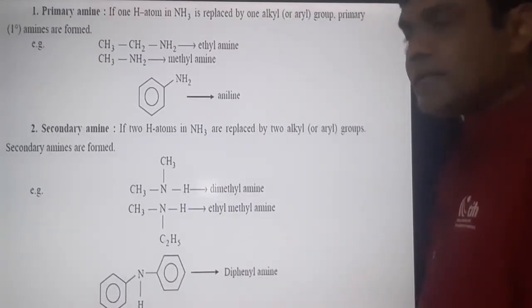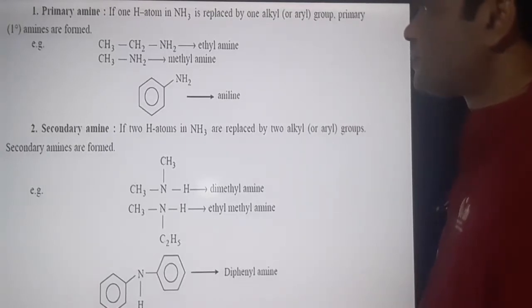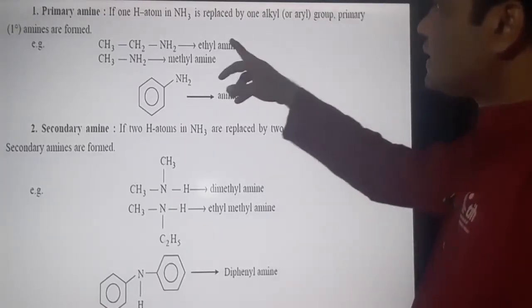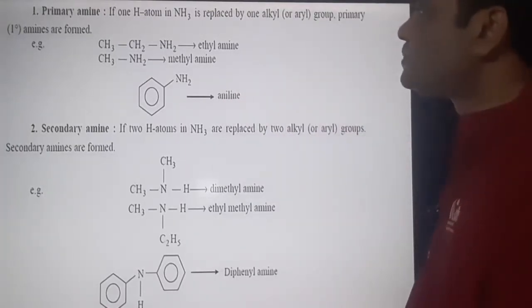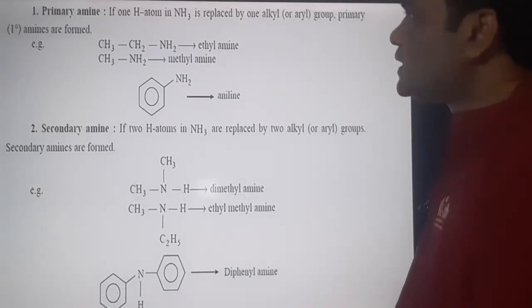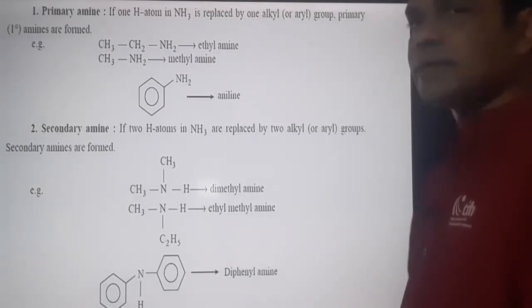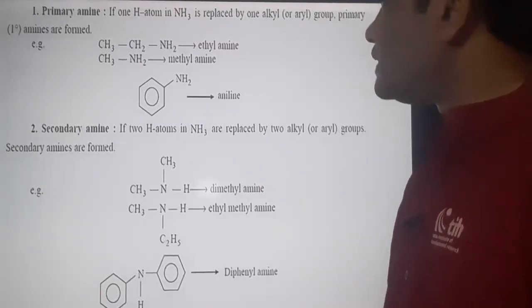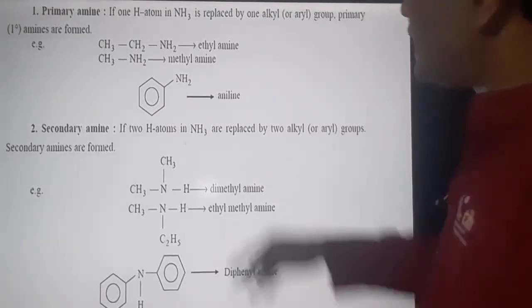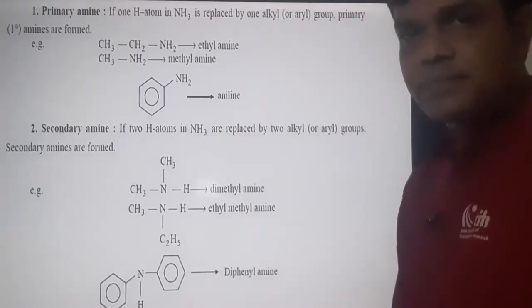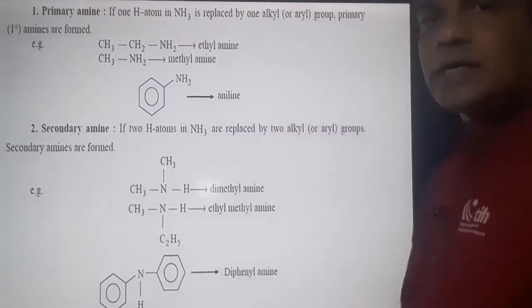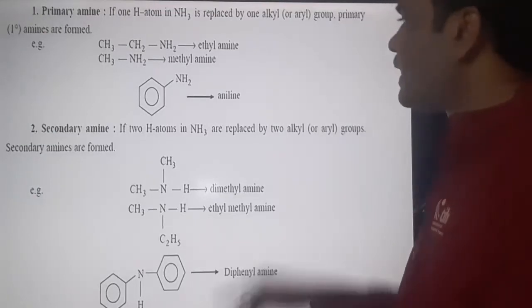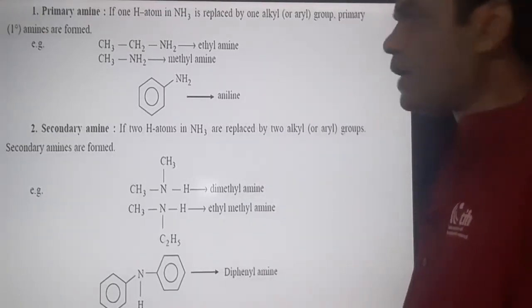Now see in the detail about this classification. These are the examples of primary amine: CH3CH2NH2, that is ethylamine; CH3NH2, that is methylamine, and this is aniline. The first two are the aliphatic amines, and this is the example of aromatic amine.